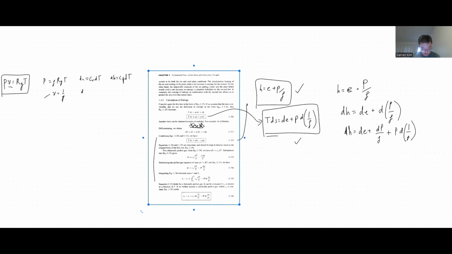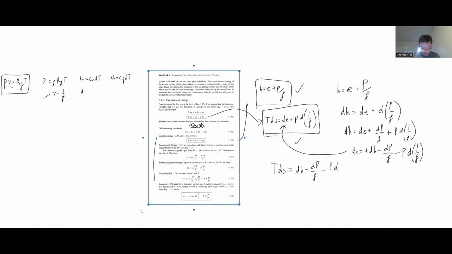And from this, we can substitute in, because we can say dE, let me go smaller, equals dH minus dP over density minus P d of 1 over density. And over here, we can then plug into T ds equals dE plus P d of 1 over density, so this becomes dH minus dP over density minus P d(1/density) plus P d(1/density).